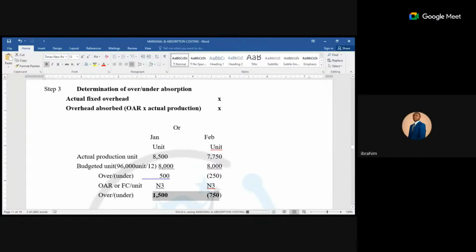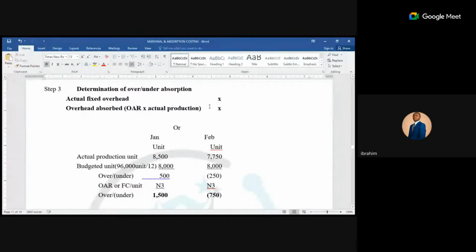Now, if this is established, we have already determined the over. But in a situation whereby the actual fixed overhead is given to you, please use it. Use the actual fixed overhead, then your overhead absorbed, which is your budgeted. The budgeted overhead must have an element of actual, so that is why you multiply the OAR times the actual production.